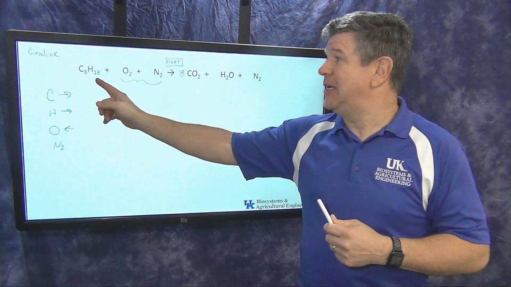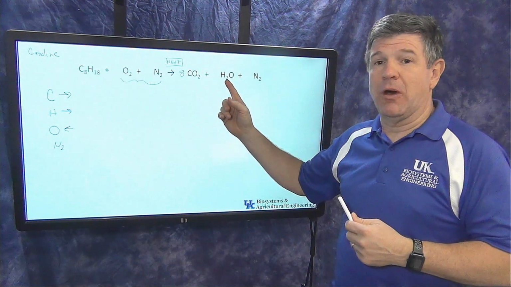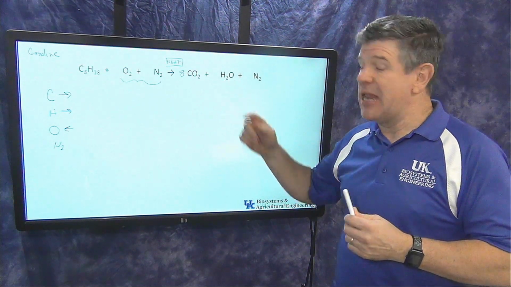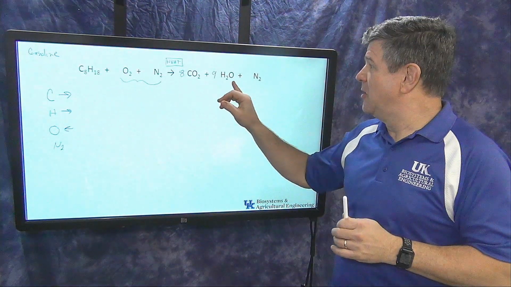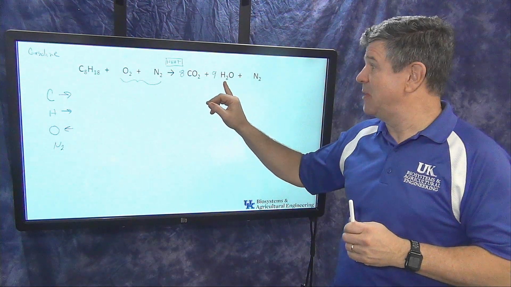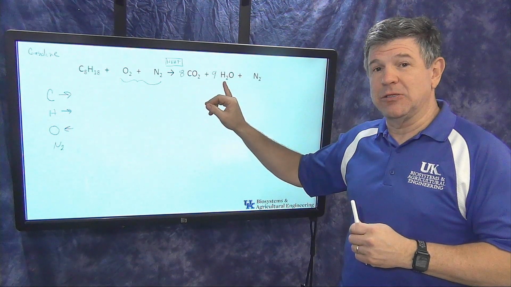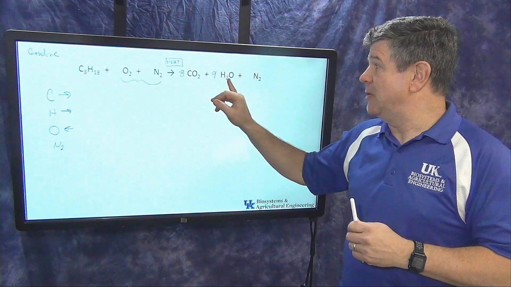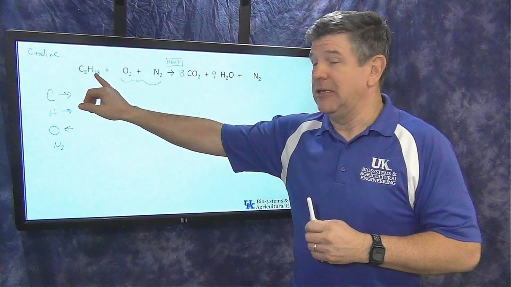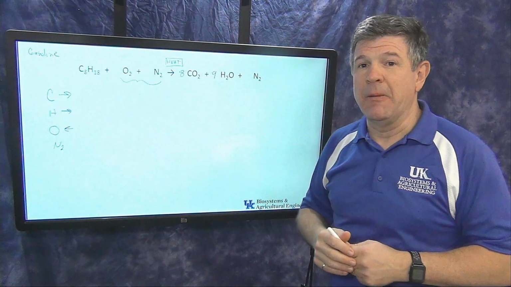I need 18 total, so how many water molecules do I need? I need 9 of them. So 9 times 2 is 18, which gives me 18 total hydrogens on the right-hand side. Hey, I'm good to go.